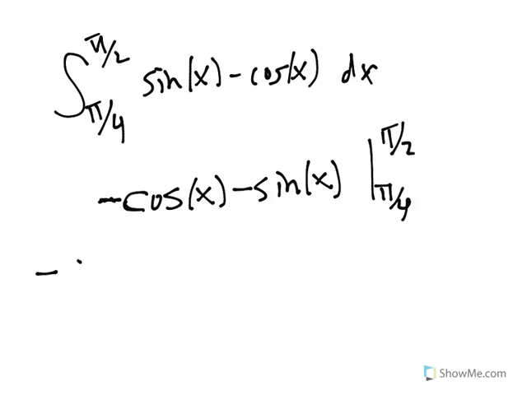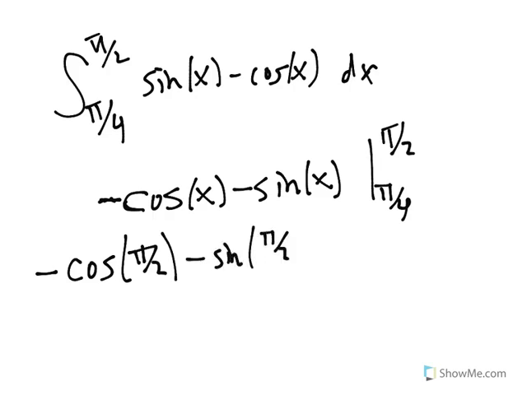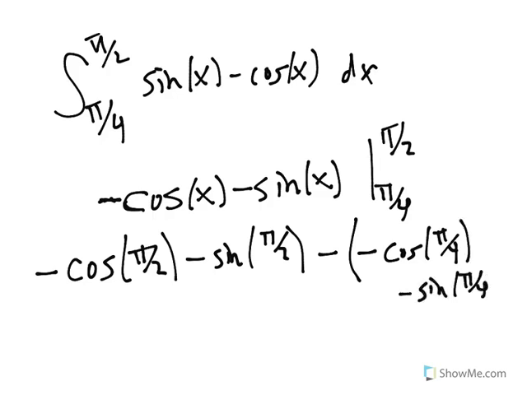So minus cosine of pi over 2 minus the sine of pi over 2, and then that's all minus, keep in mind parentheses there, so it becomes minus the cosine of pi over 4 minus the sine of pi over 4. And so the cosine of pi over 2 is 0. The sine of pi over 2 is 1, so it becomes a minus 1.